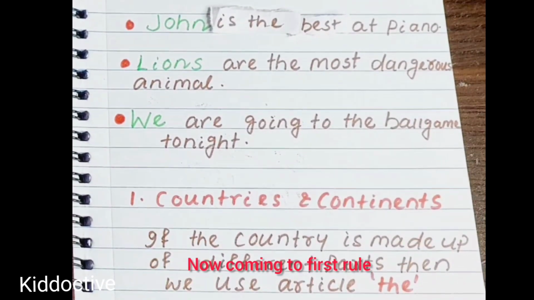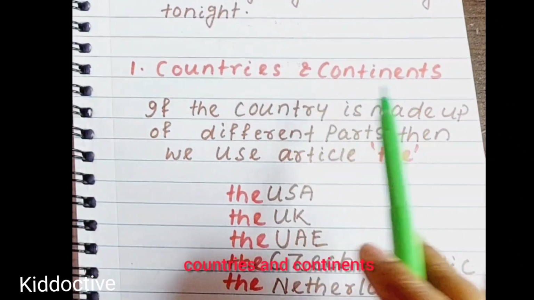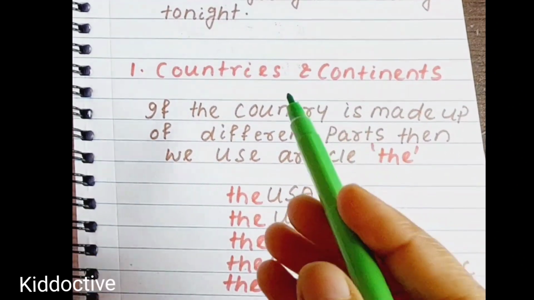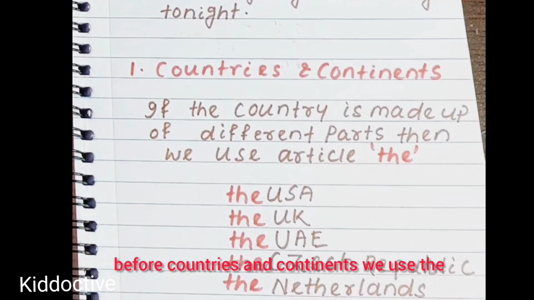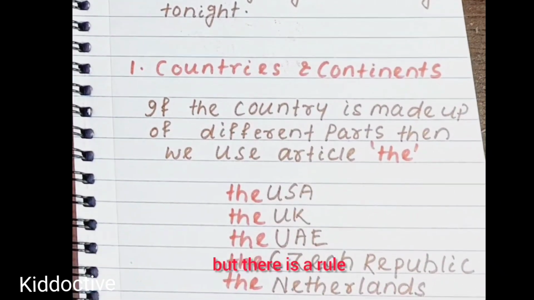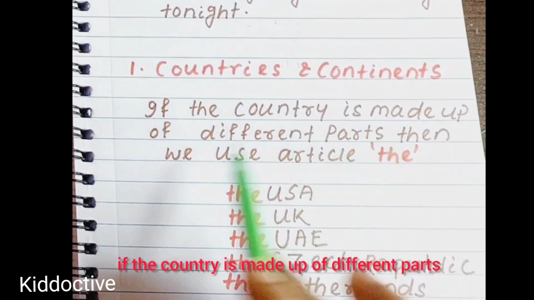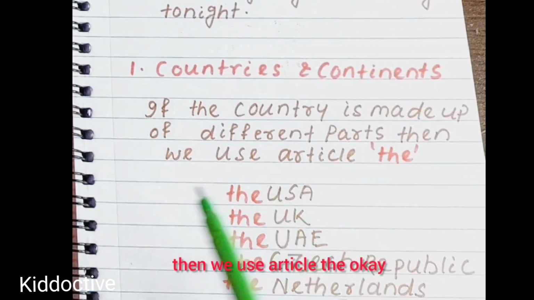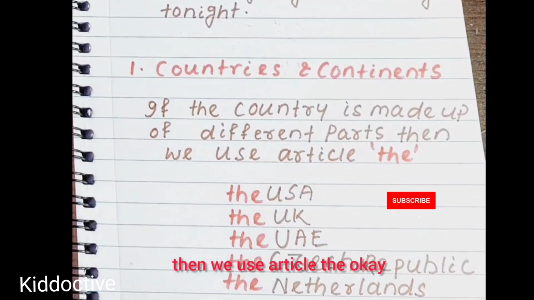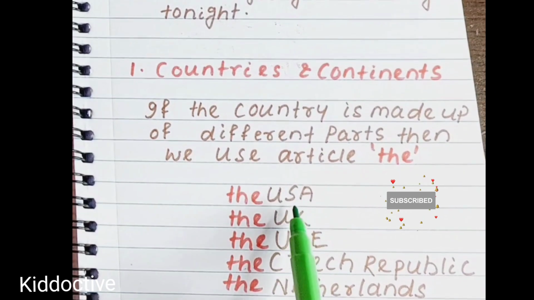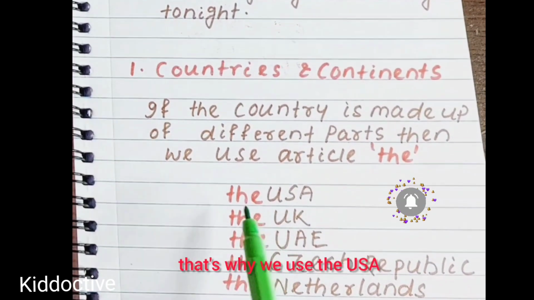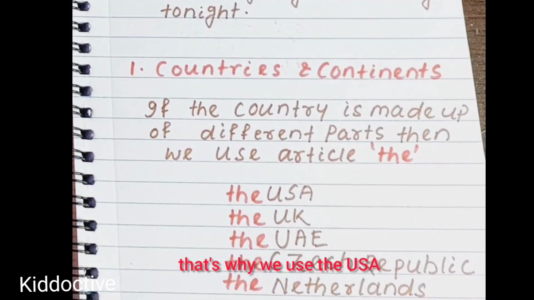Now coming to the first rule. Countries and continents. Before countries and continents we use the. But there is a rule. If the country is made up of different parts, then we use the article the. The USA has different parts, that's why we say the USA.